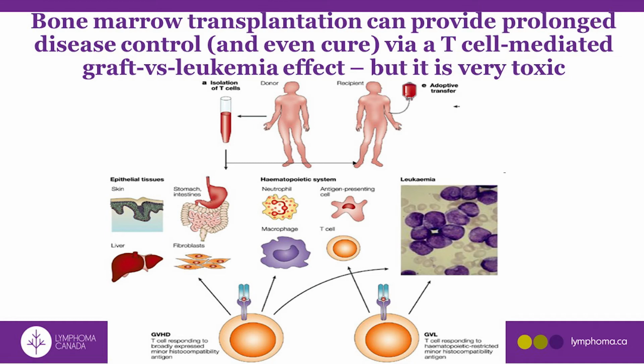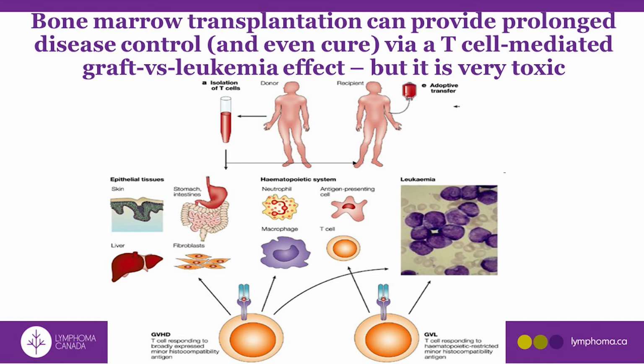So there's a systemic rejection of the patient. And that causes damage to healthy organs like the liver, spleen, intestine, skin. That's called graft-versus-host disease. But these T cells can't distinguish between healthy cells and leukemia cells, so they also reject the leukemia cells, and that's called the graft-versus-leukemia effect. And that's essentially the curative aspect of the transplant.